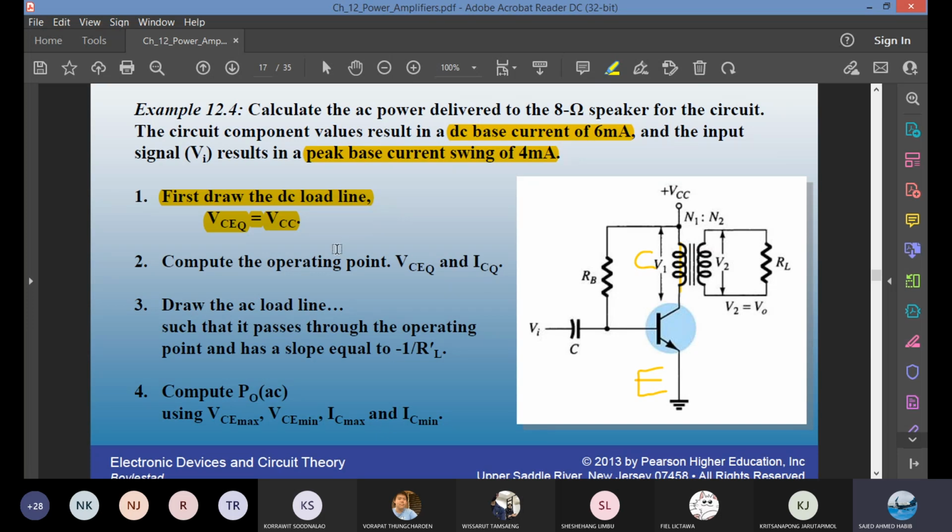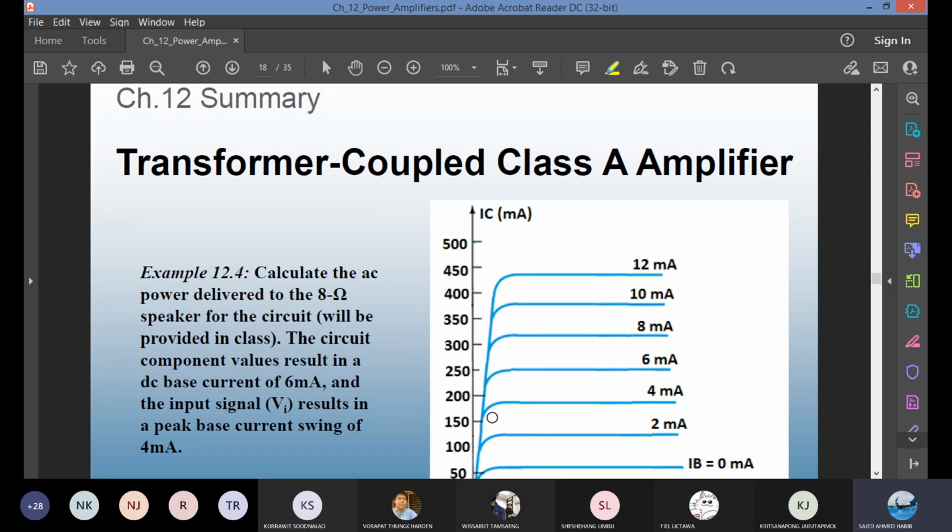But first you draw the DC load line and then you find the VCEQ and ICQ calculation or intersection. It needs both mathematical and graphical solution. And then you draw the AC load line from the Q point such that it passes through the Q point, with slope equal to negative 1 over RL prime. And from then everything is done graphically.